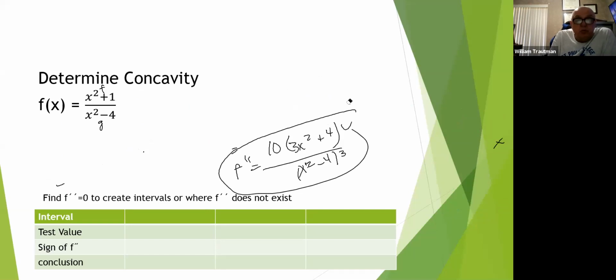So you have to do all that, and then you should end up with this right here. Now we have to find the critical values where, I should have put the second derivative here, 10 times (3x squared plus 4) over (x squared minus 4) to the third.